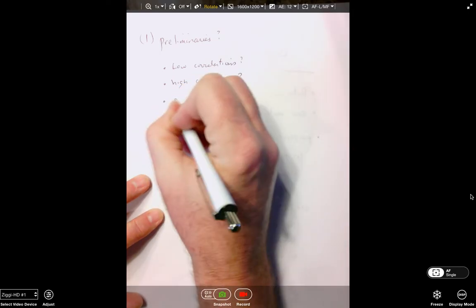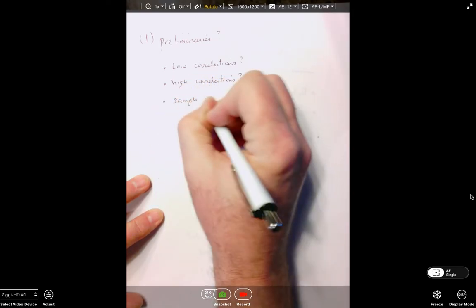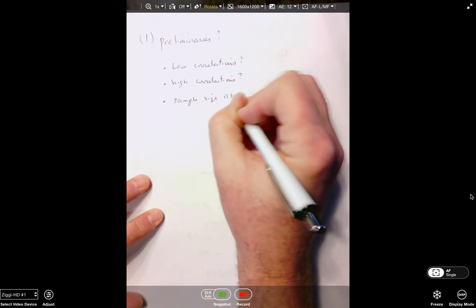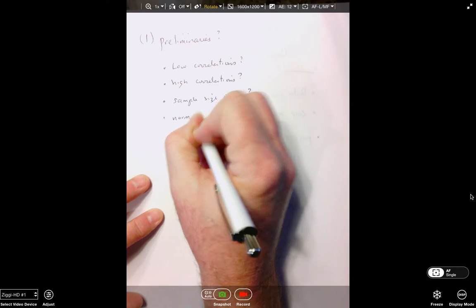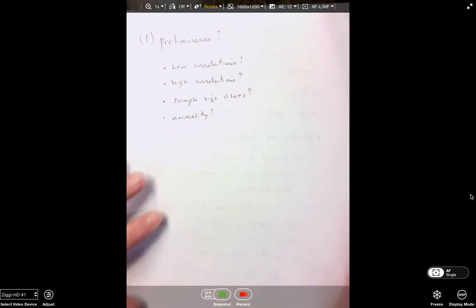Sample size issues? And do I have a normality issue? These are preliminaries that I'd want to take a look at before I begin a principal component analysis, okay?